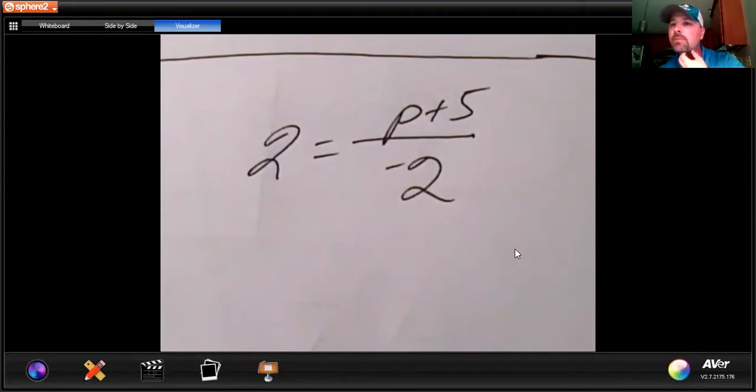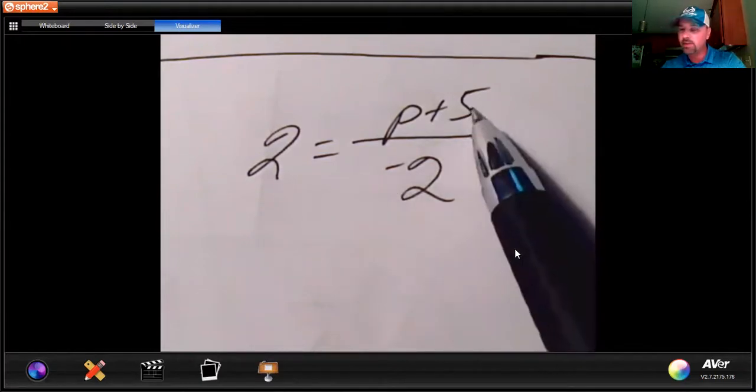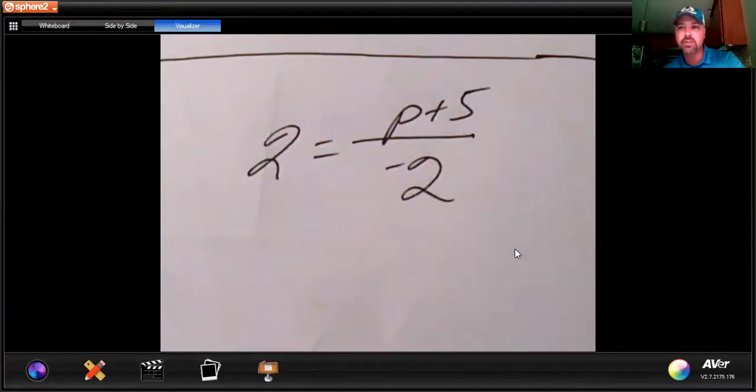Okay, so there's going to be problems like this where you can't get to it. There's going to be problems where maybe addition or subtraction are within a parentheses and you can't get to it. And so we're going to look at one of those in a minute. But in this case, you can't start with the addition because you can't get to it until you get rid of the division.